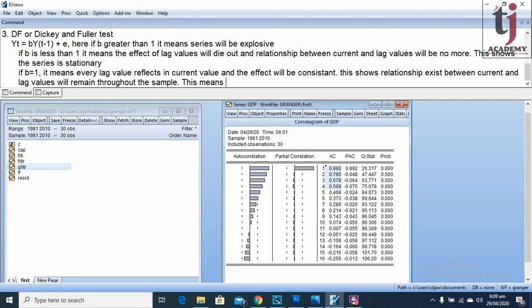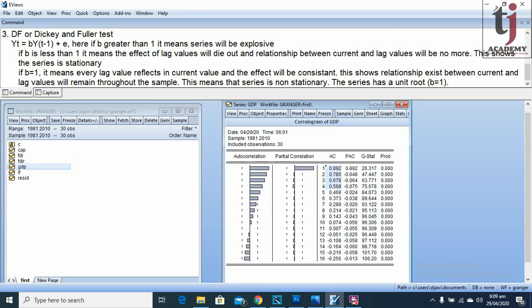This means that the series is non-stationary. Here I repeat, if beta is equal to 1, it means the series is non-stationary. And we can also say the series has a unit root. This unit root is because beta is equal to 1.